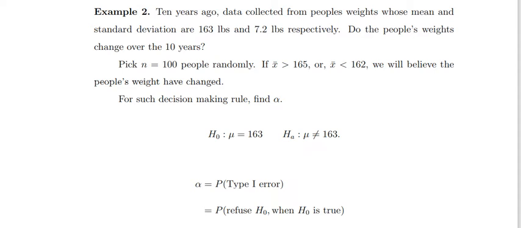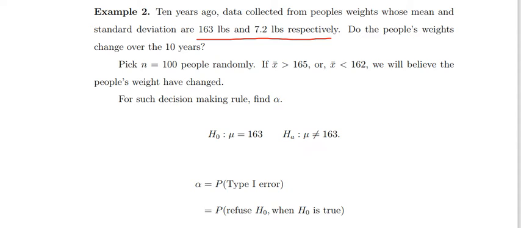So let's consider this problem. This is 10 years ago. We found a mean and standard deviation result. This mean and standard deviation is for the population information 10 years ago.